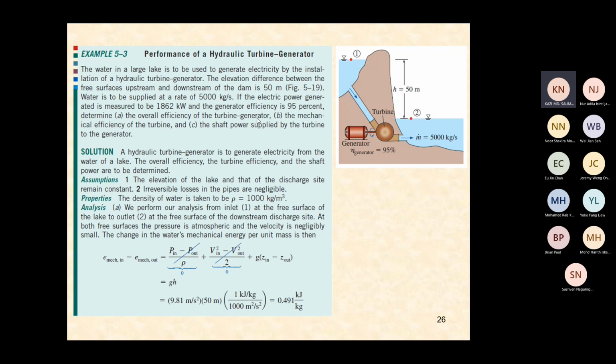Then the second part, we need to calculate the mechanical efficiency of the turbine and the shaft power supplied by the turbine to the generator. In this case, we have to assume the density of water is 1,000 kg per meter cube. Normally it varies within that range there.